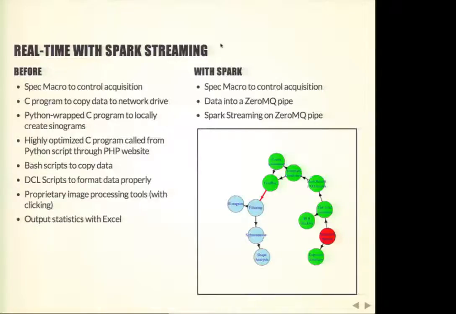Using Spark streaming, we can have a 0MQ pipeline feeding the data from the camera into our analysis system, and then we can use as many nodes as we need to keep up with the acquisition rate and the analysis. If our data sets get larger, we just add more nodes. And if one node crashes, it continues running, just slower than before. So using these tools will enable us to keep up much better with the rates that experiments happen at.